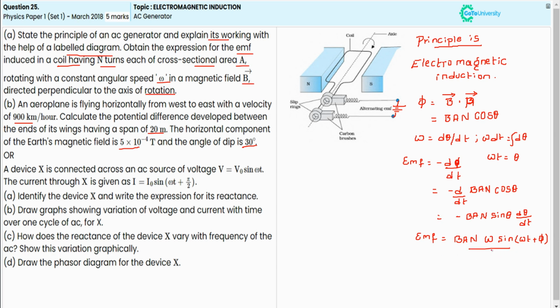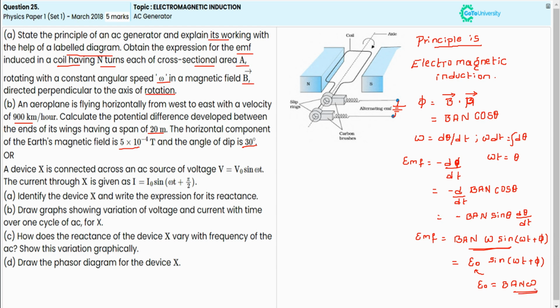This is the final expression of EMF, and we can write it as EMF equals epsilon naught sine of omega t plus phi, where epsilon naught is the maximum value of EMF, which is equal to B A N omega. This is the expression for the EMF.